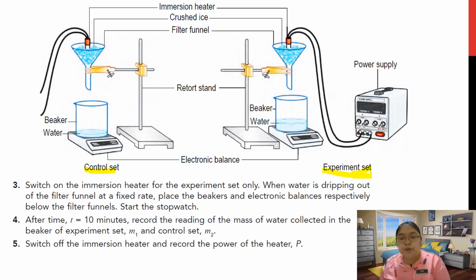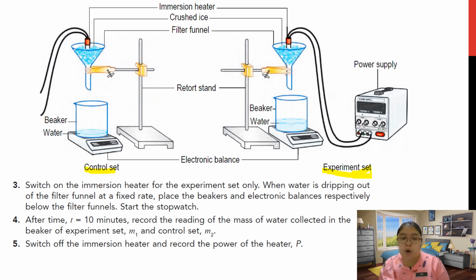But when you join with the power supply, you will find that the mass of the ice melted must be more than the control set. The reason is, in the control set, the ice melts due to the heat from the surrounding. For the experiment set, the ice melts because of two sources: the surrounding heat and also the heater.